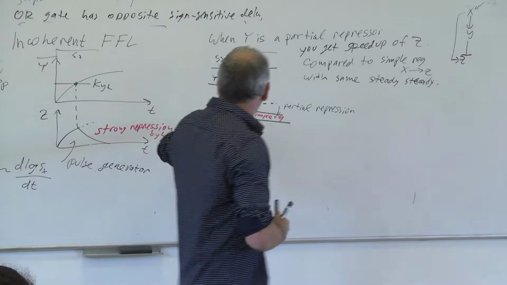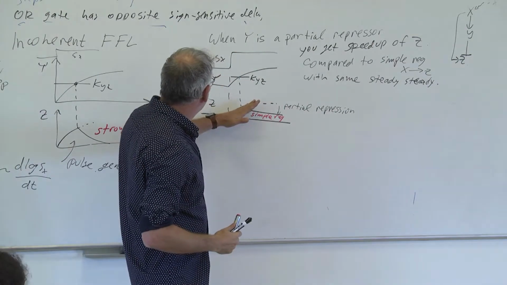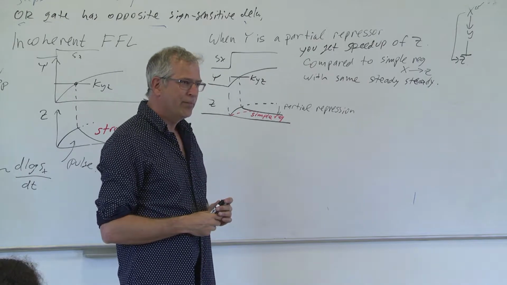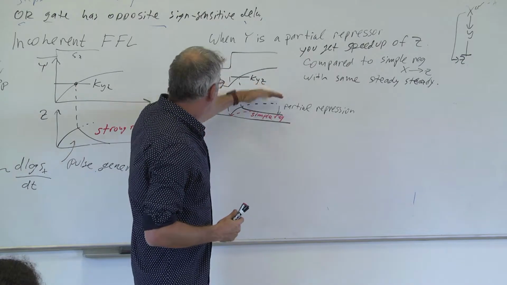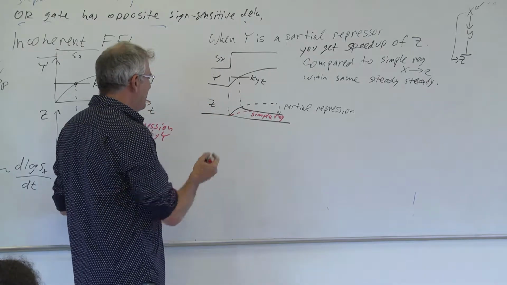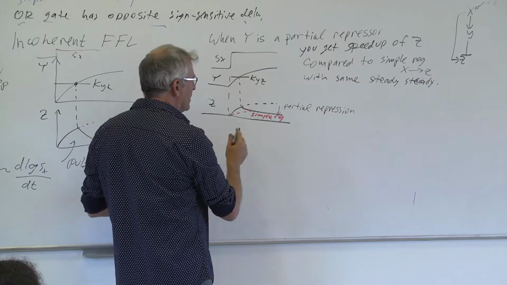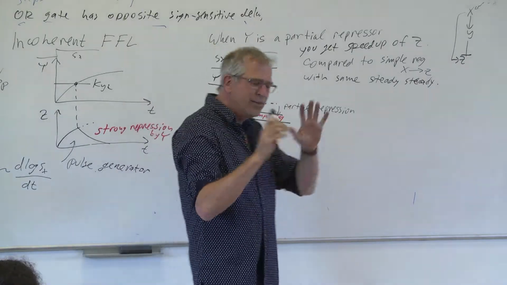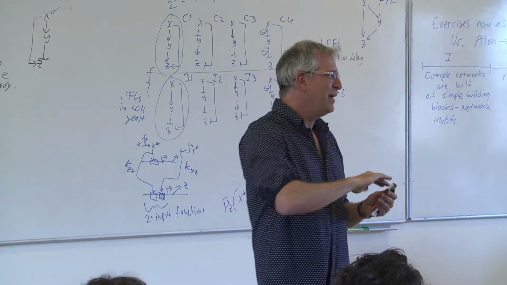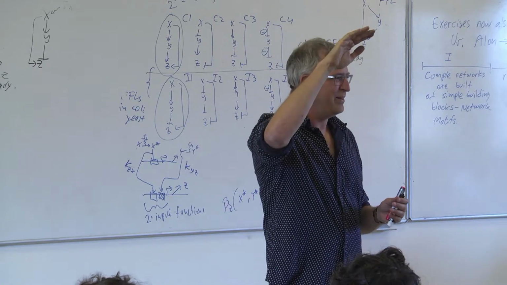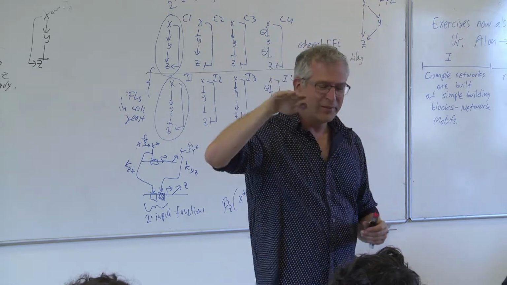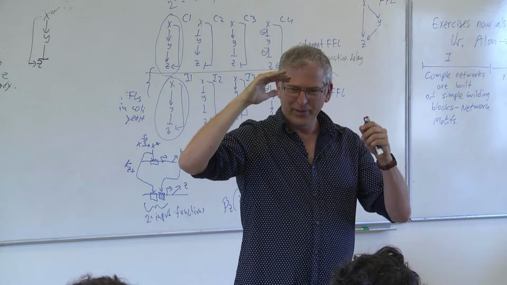So the faster the promoter of Z is, the more you can speed up. And this is in fact observed in the galactose system of E. coli. In similar experiments, you can compare the incoherent feed-forward loop in the galactose system, and you delete the repressor, and it goes like simple regulation. Then you add the repressor, and there's this little overshoot, and you get a speed up.